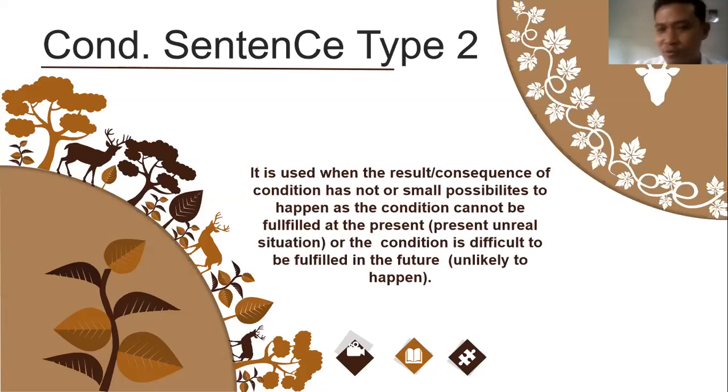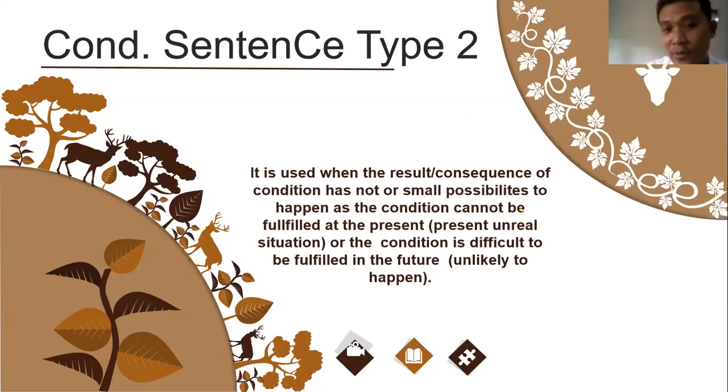Your wish cannot happen at the present because the fact is contradictive. The fact contrasts with what you are imagining. So when you are thinking like that, you have to use conditional sentence type 2.